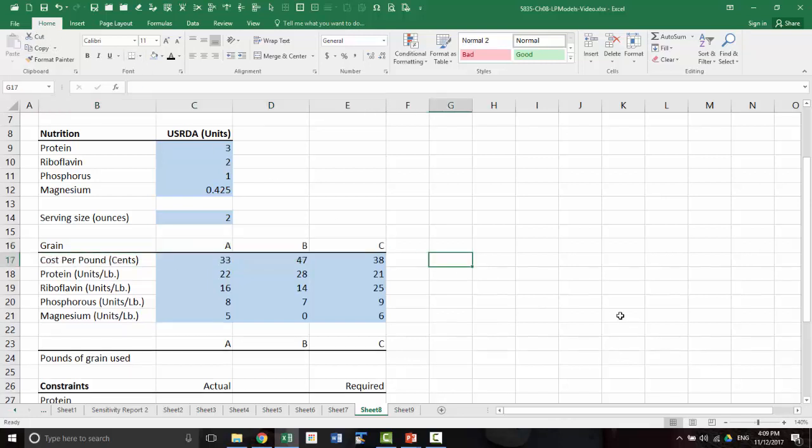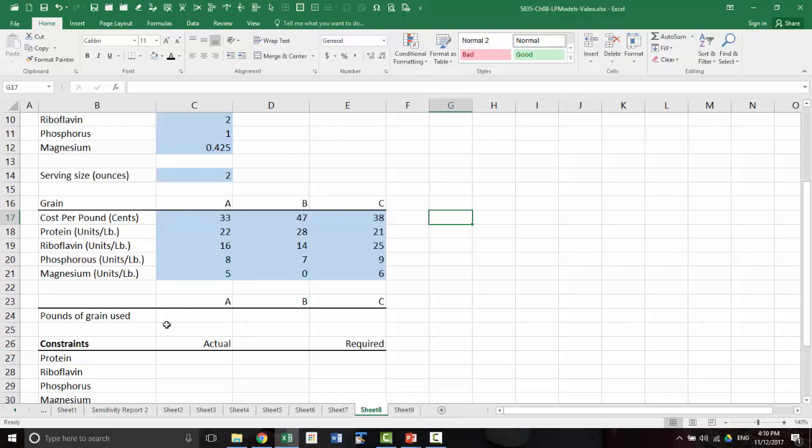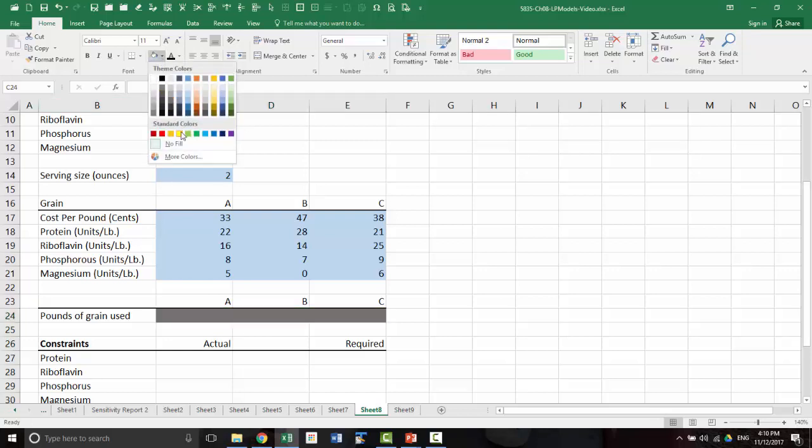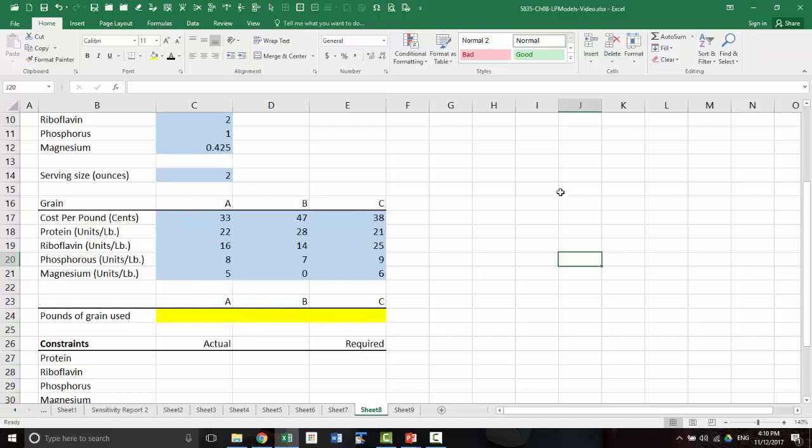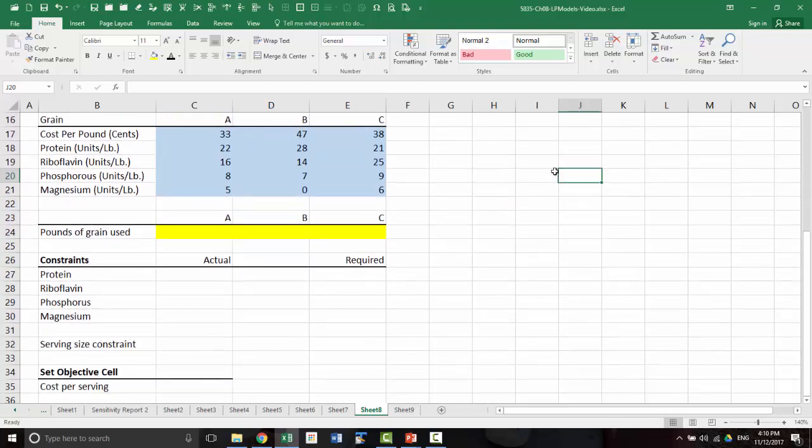Now the question is, how many pounds of A, B, and C, the grains, will you mix to produce 2 ounces of the blend? Which means these pounds are going to be fractional amounts because they should amount to 2 ounces. So this should be the changing cell.